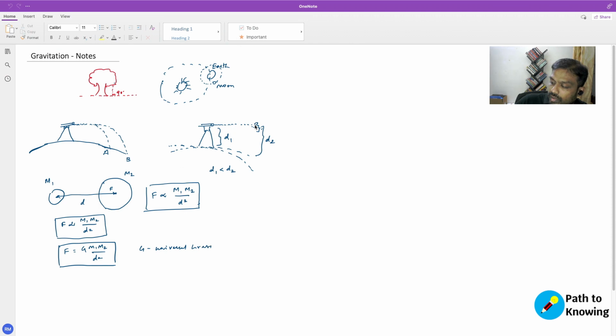Universal gravitational constant, and this is the universal law of gravitation. This is Newton's universal law of gravitation, and this G is called the universal gravitational constant.